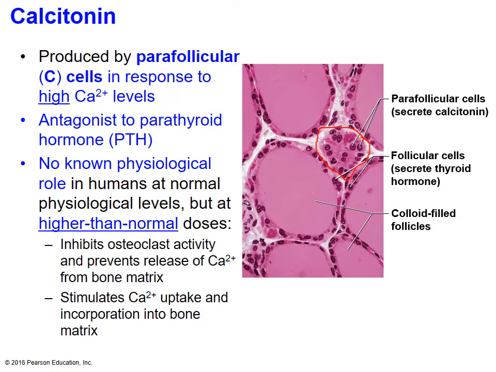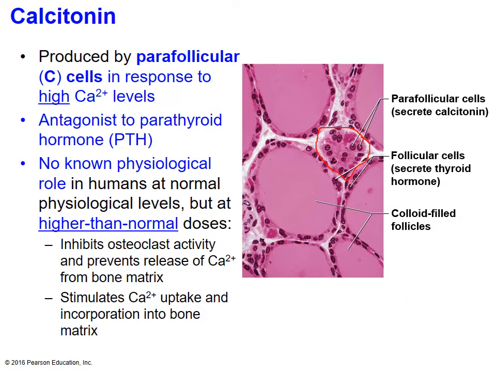But if there's an issue with your calcium in that it's very high in the bloodstream, so you have abnormally high amounts of calcium floating around in your bloodstream, your body will produce calcitonin, and calcitonin will then cause that high calcium level to be reduced. The way it does that is it takes the calcium from the bloodstream and encourages bones to uptake it, meaning that the calcium gets absorbed into the bone.